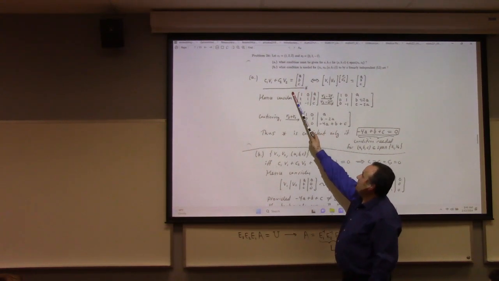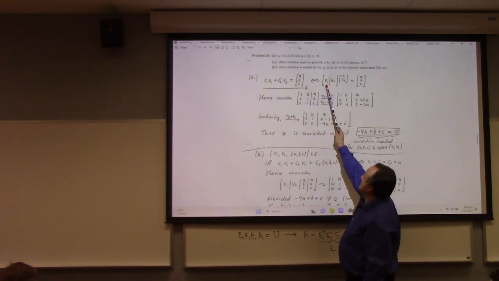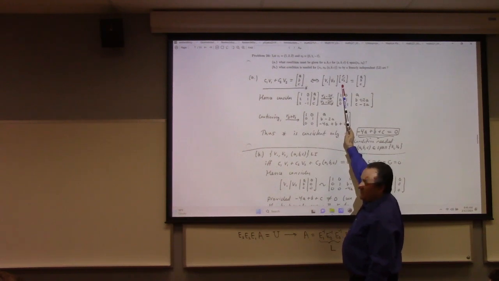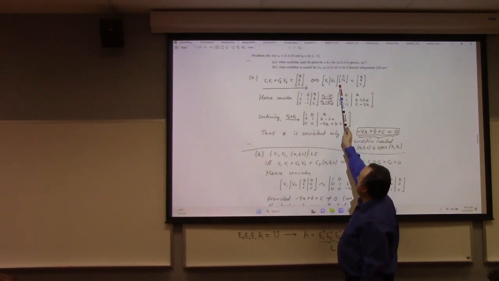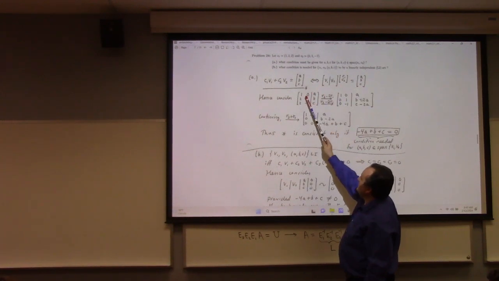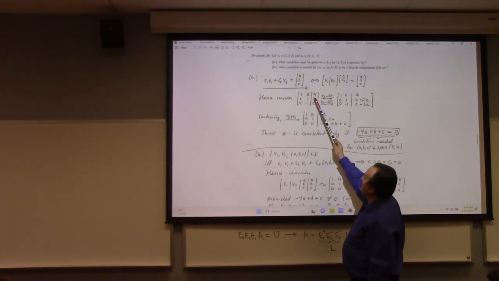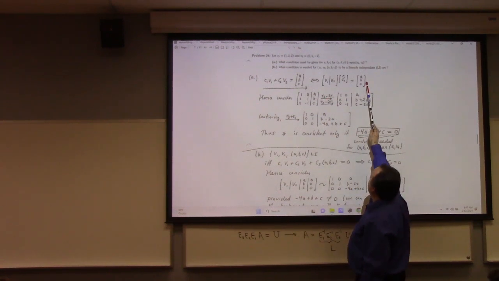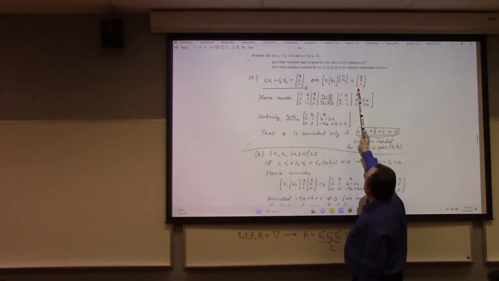But remember, we can rewrite C1 V1 plus C2 V2 as the matrix V1 V2 times the vector of unknowns C1 and C2. Okay? Now, of course, V1 and V2 are specifically given here to be 1, 2, 2, and 0, 1, minus 1, right? They're column vectors. And so this is a system of linear equations.